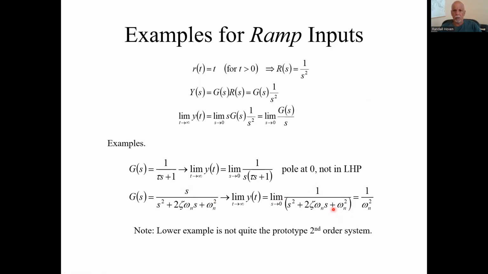Now you could apply it, assuming the zeta and omega n are both positive, then the poles will be strictly in the left half plane. Plug in 0 for s, you get 1/ωn². Yeah, this isn't quite a prototype second order.